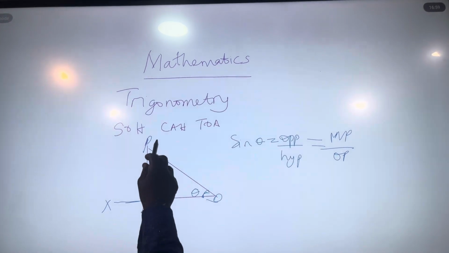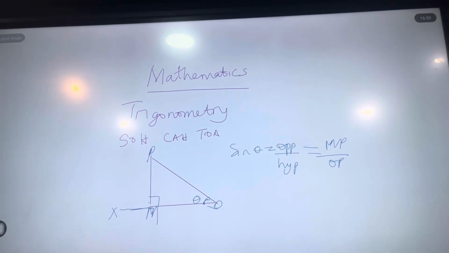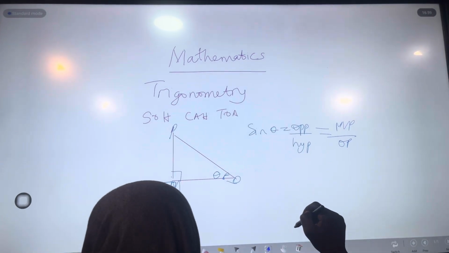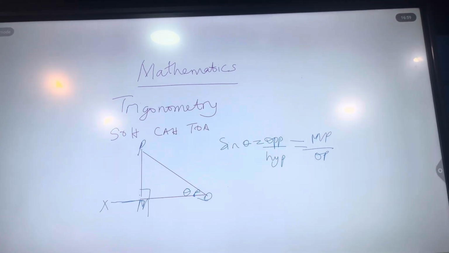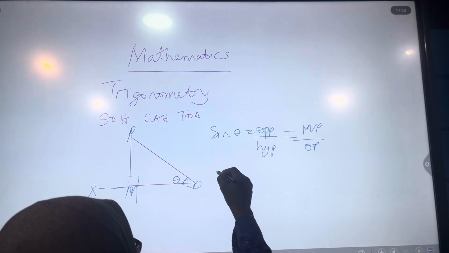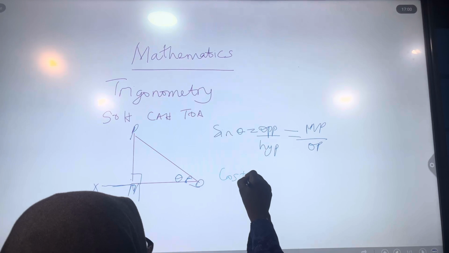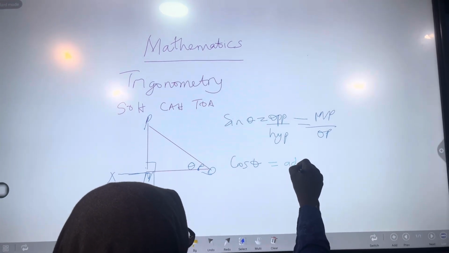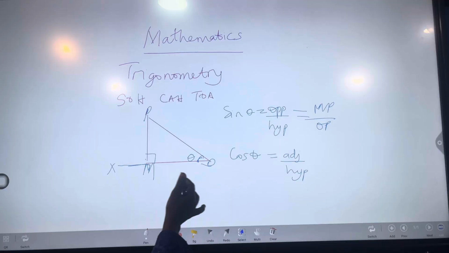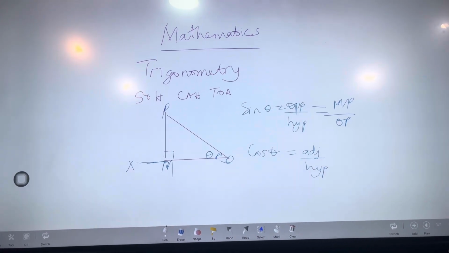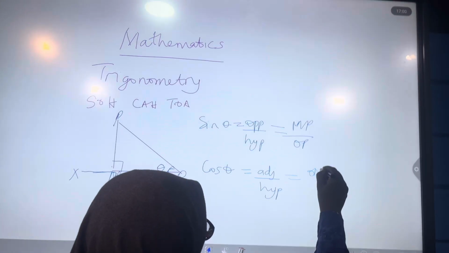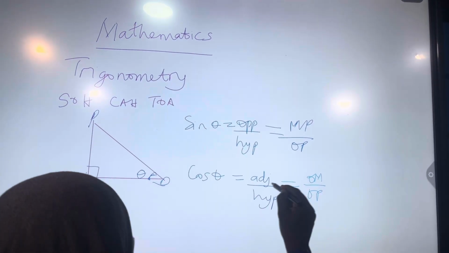And to determine cos theta also, that is CAH. In the Yoruba language, cos theta is the complementary angular ratio. In cos theta, we have CAH, that is adjacent over hypotenuse. The adjacent here falls at OM, which is OM over OP.